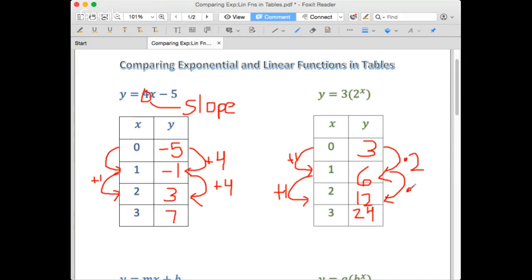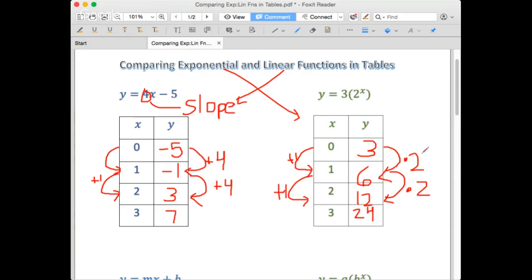What's really important about understanding the difference between exponential and linear is that in linear functions, going up by 1 gives you an additive pattern where it goes up by the slope every time. And in exponential functions, the x value, the independent variable, going up by 1 gives you a multiplicative pattern.